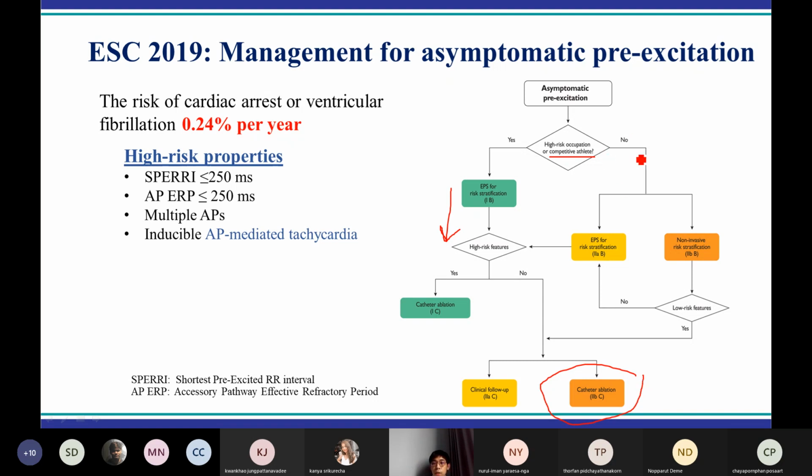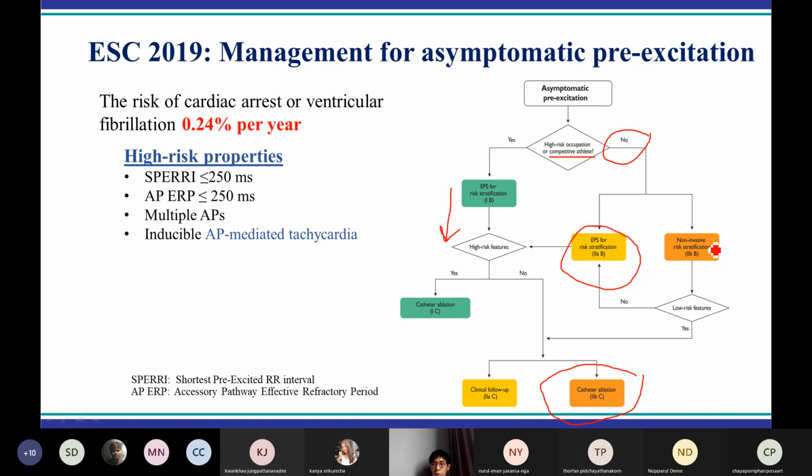So if the patient is not in a high-risk occupation, you have two choices. First, you can talk to the patient and go through the EPS risk stratification, and if there is some high-risk feature, you could go on and ablate it. Or you can do a non-invasive risk stratification, for example an exercise stress test, to see if the delta wave disappears during exercise or not.